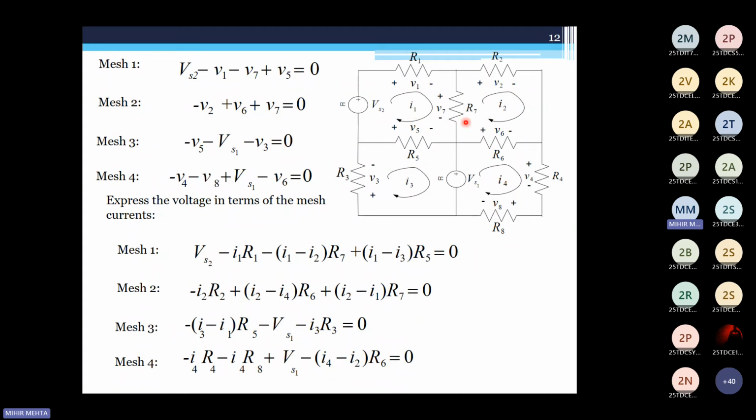So you have the V7 term as your last term in the equation. Since V7 is plus, you have the plus sign here. The equation for mesh number 2 would be I2 minus I1 multiplied by R7, which is equal to nothing but your voltage drop V7.